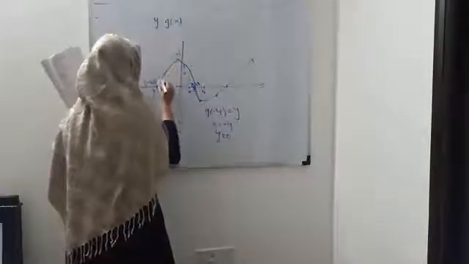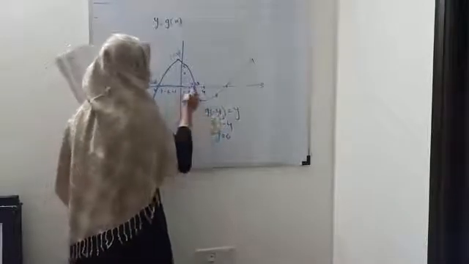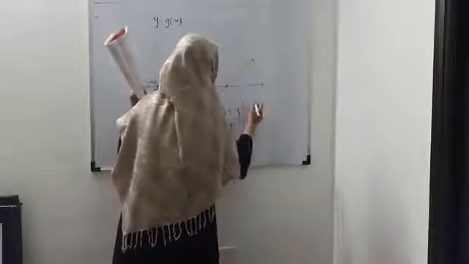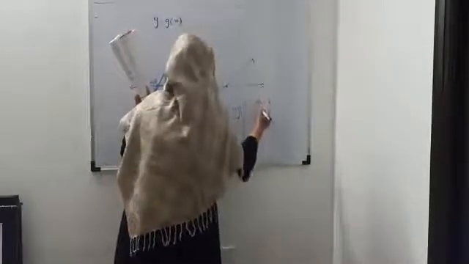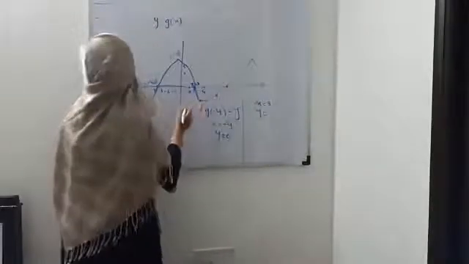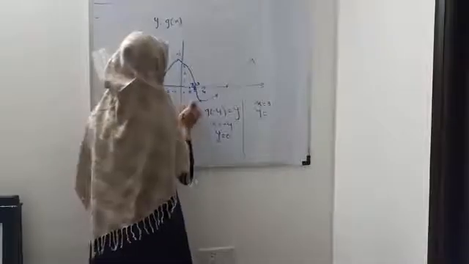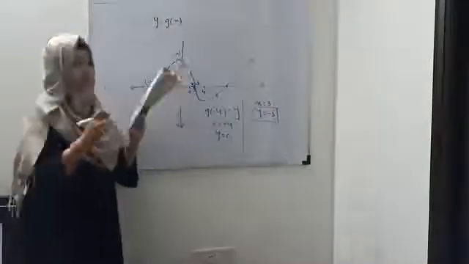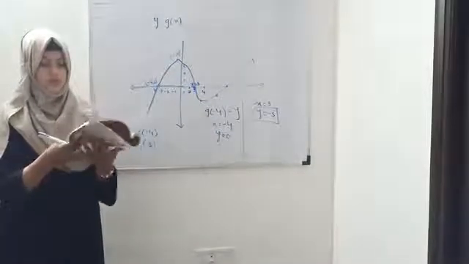Since the curve is meeting at this point, therefore we have taken y as 0, and when your x is equal to 3, your y is given as -5 because it is down, so it is -5. So from the graph only we can find out the values.